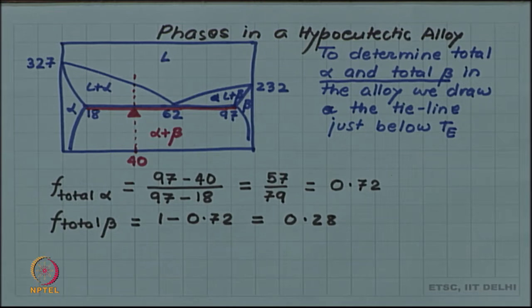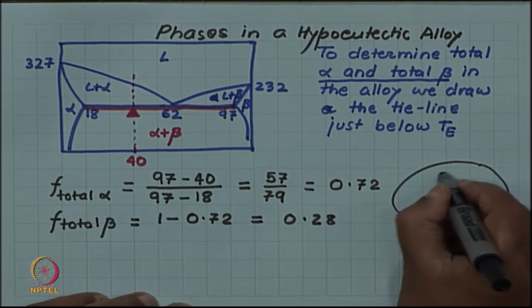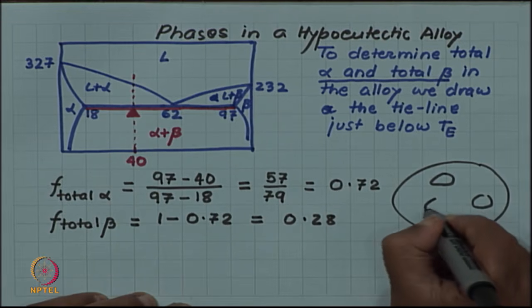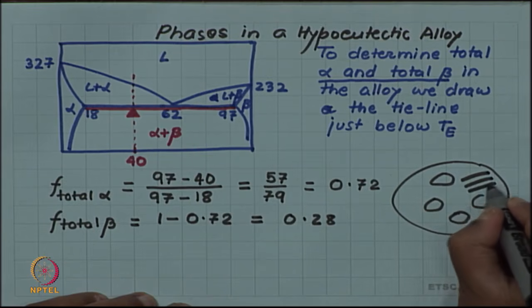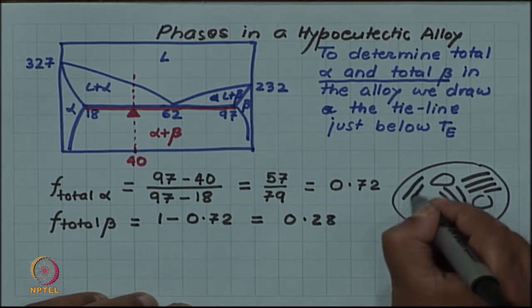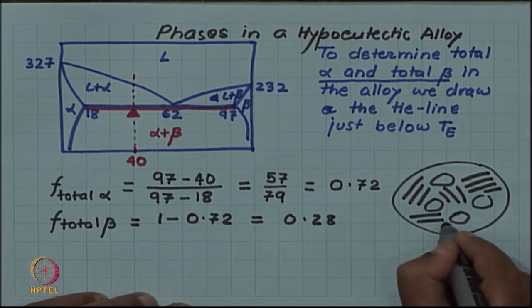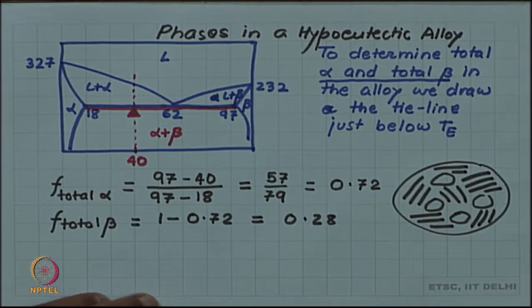Sometimes one wants to know how much is the eutectic alpha. Note the microstructure, that you have alpha in chunks, but you also have alpha as alternate plates. Since you have determined total alpha and you have also determined the pro-eutectic alpha, you can find how much alpha is part of the eutectic mixture.